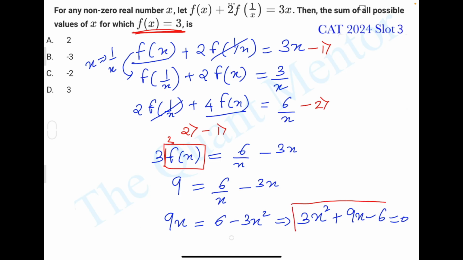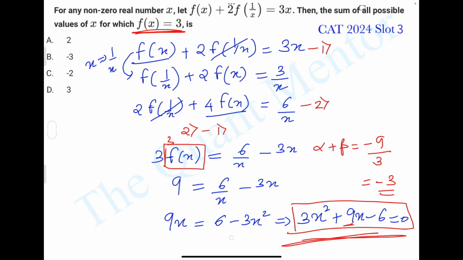Now for this quadratic equation, we notice that the sum of the roots is always equal to minus b by a, minus the coefficient of x, which is 9 in this case, upon the coefficient of x square, which is 3 in this case. This will be equal to minus 3. So the sum of the possible values of x that satisfy this equation is nothing but minus 3, right?